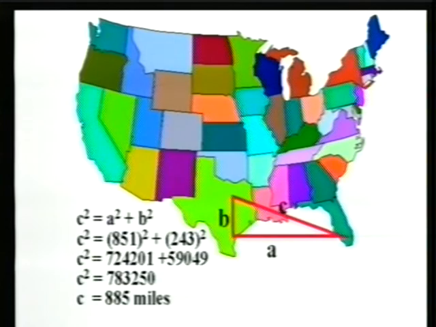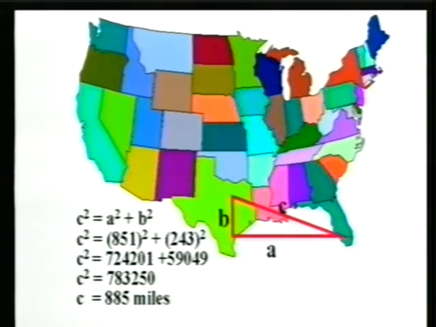C squared equals 783,250. To find the C side of that right triangle, the distance we travel in a direct route from Dallas to Orlando, we take the square root, as we learned earlier, of 783,250, and that would give us approximately 885 miles.